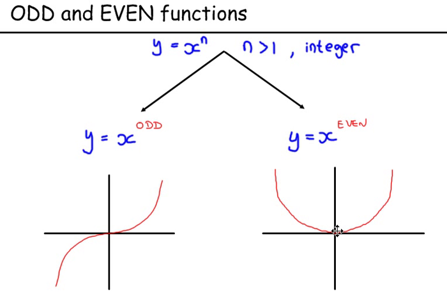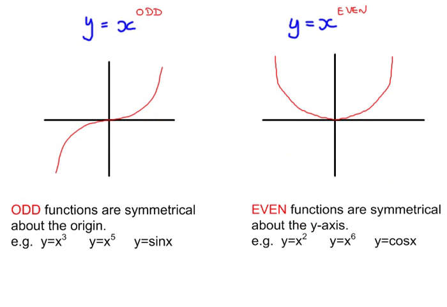And these on the right are called even functions, and these have symmetry about the y-axis. So the y-axis there is like a mirror line. And there are some examples here for graphs which are odd functions, and some examples here of graphs which are even functions.